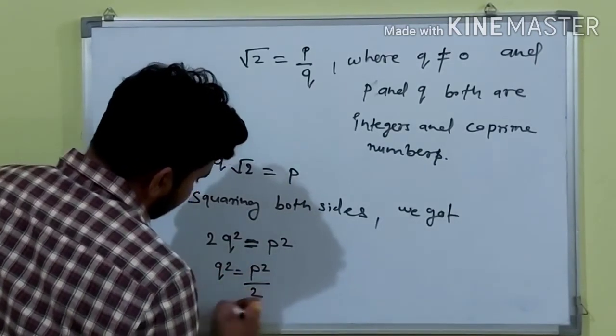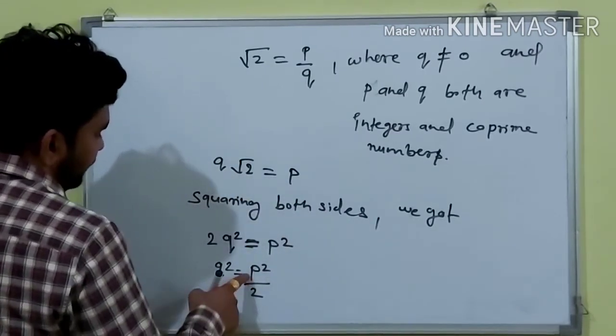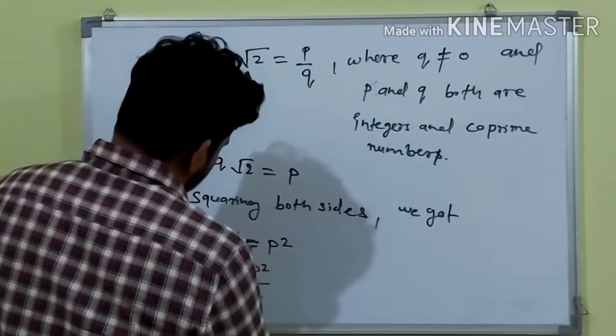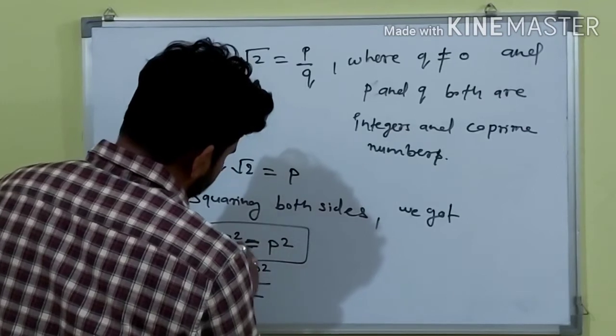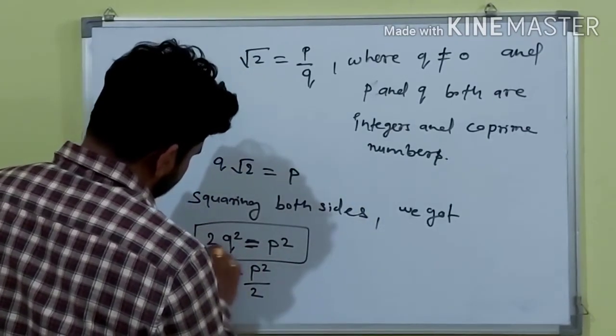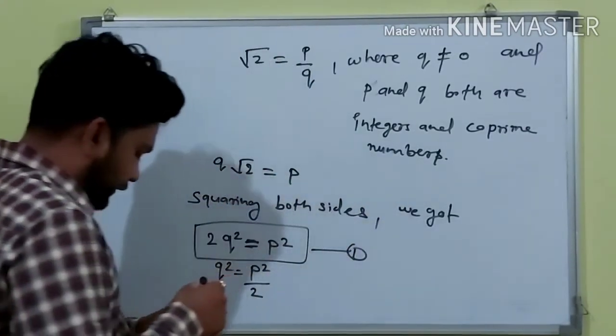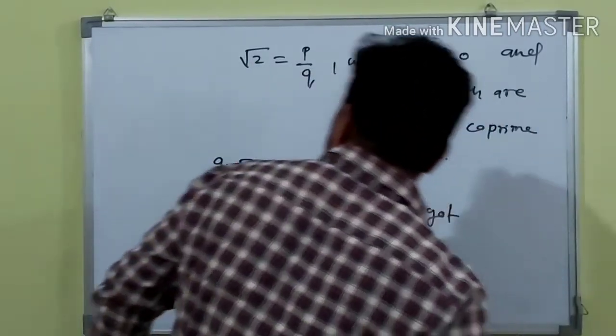We can also say that 2 divides P square also. We can write it as equation number 1.